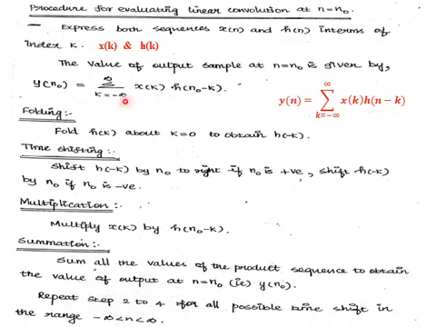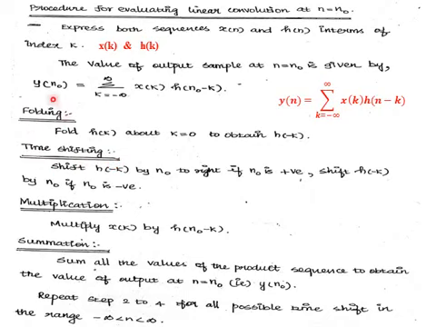Now comparing this with the input sequences, x of k is retained as such in the formula, whereas h of k has been transformed into h of n naught minus k. To get this transformation, we have to perform two different mathematical operations named folding and time shifting.